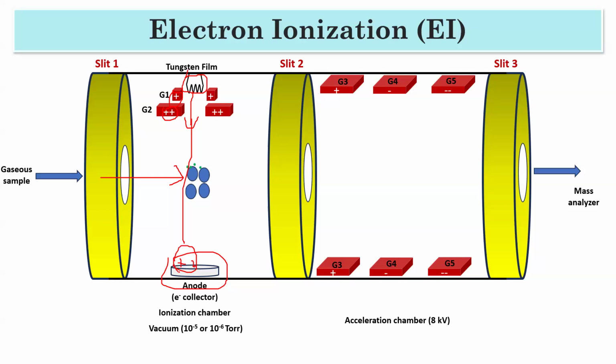The anode is more positively charged with respect to G1 and G2, which are just metal plates at different potentials.